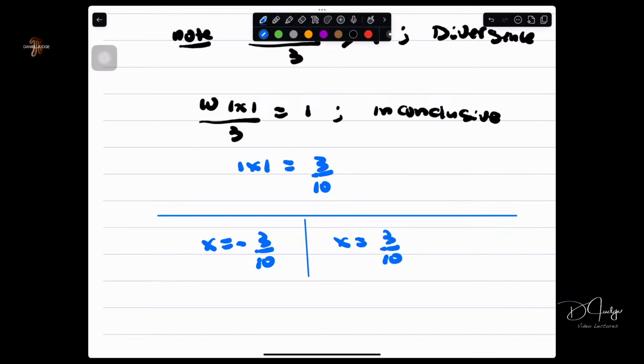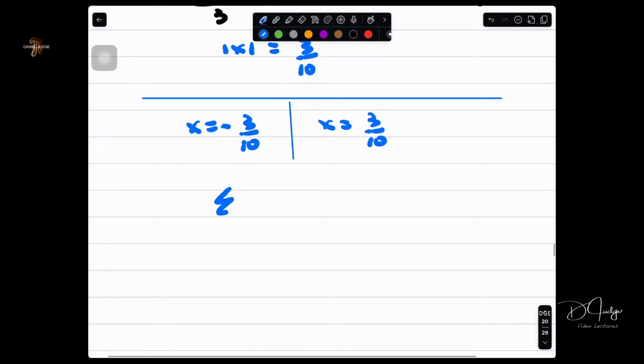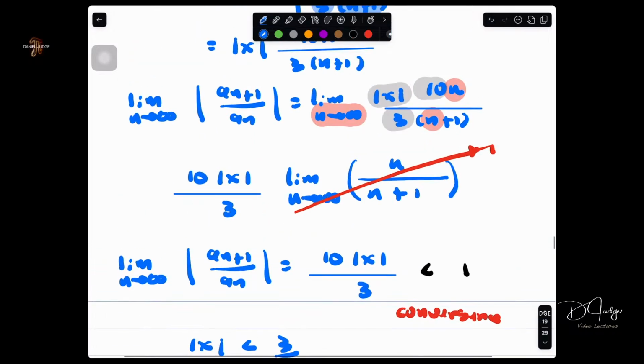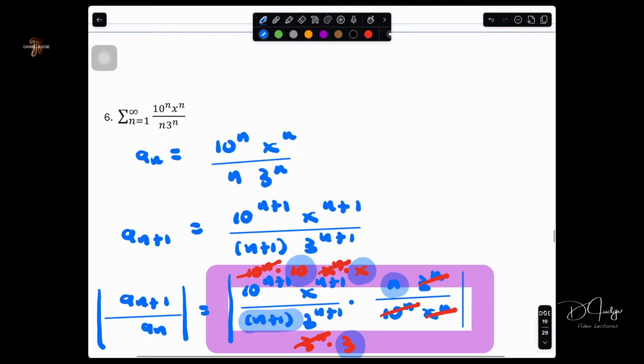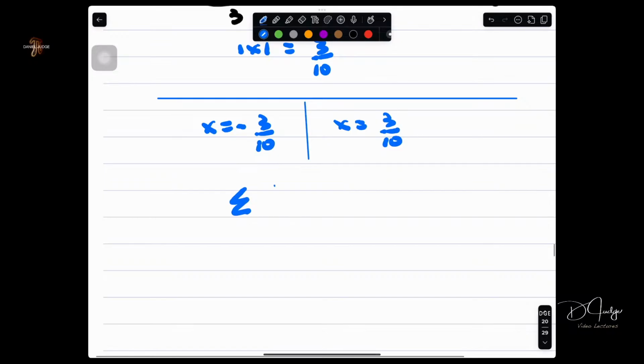We've got to check these two values for x in our original series to see if it converges. So go back to the original series: the summation from 1 to infinity of 10 to the n, x to the n, over n times 3 to the n.